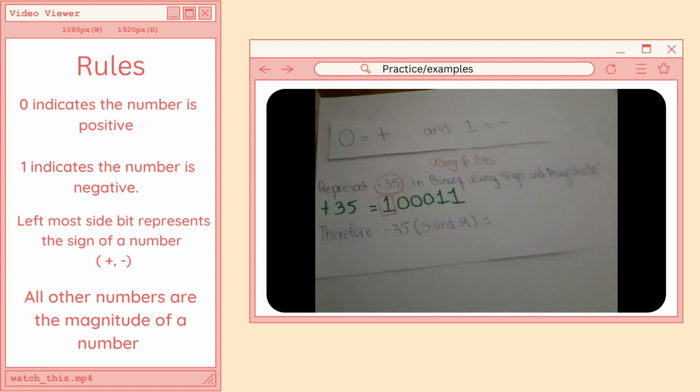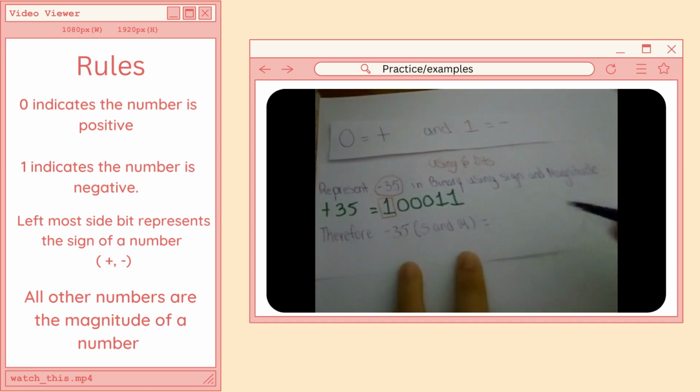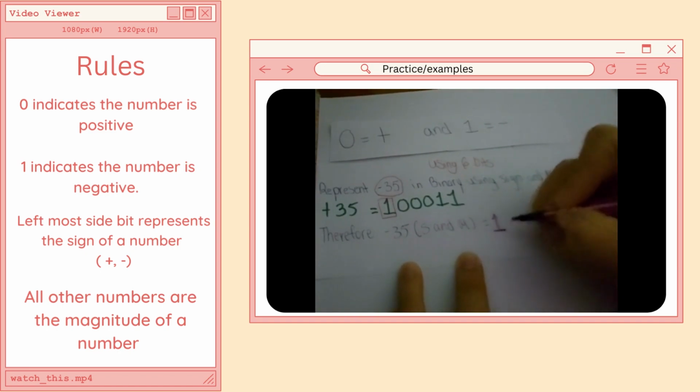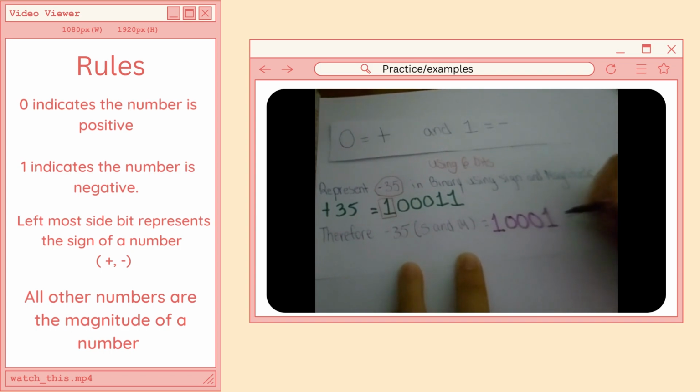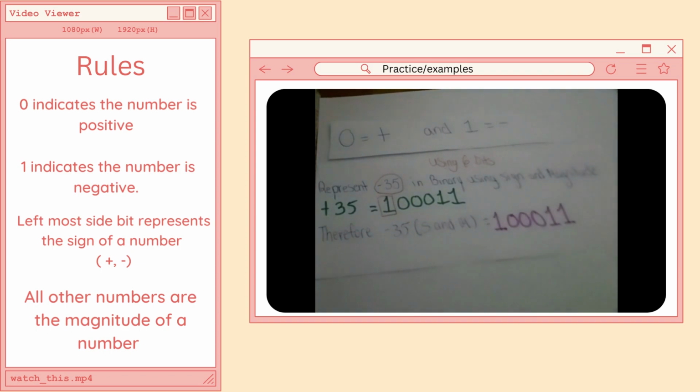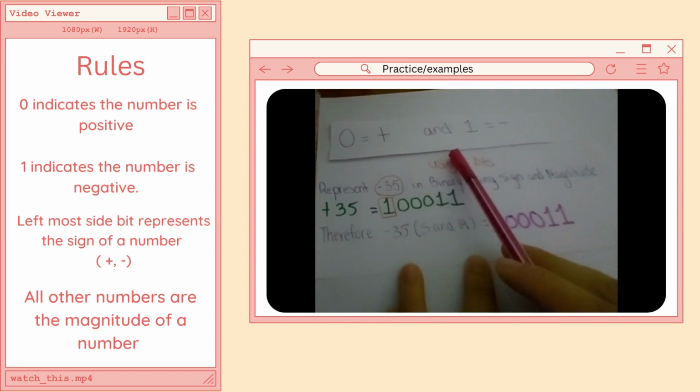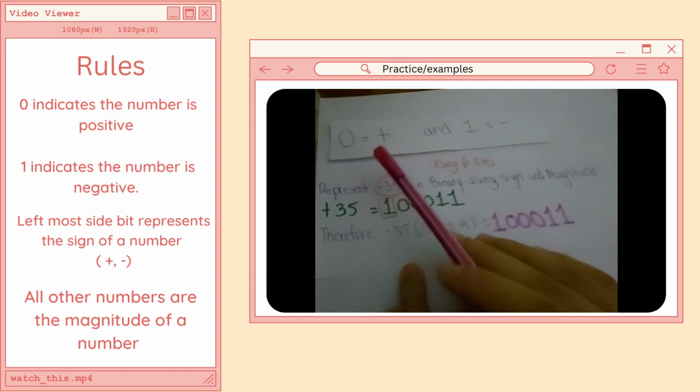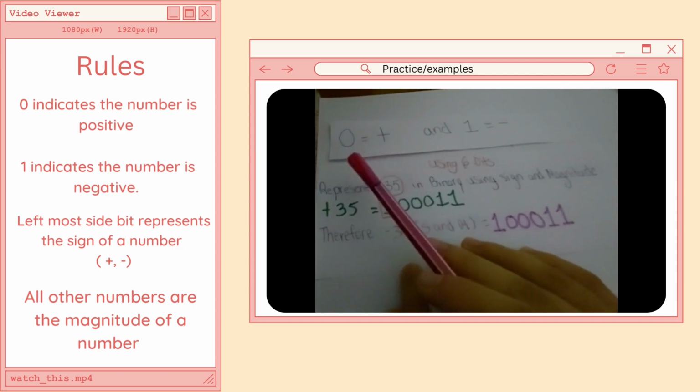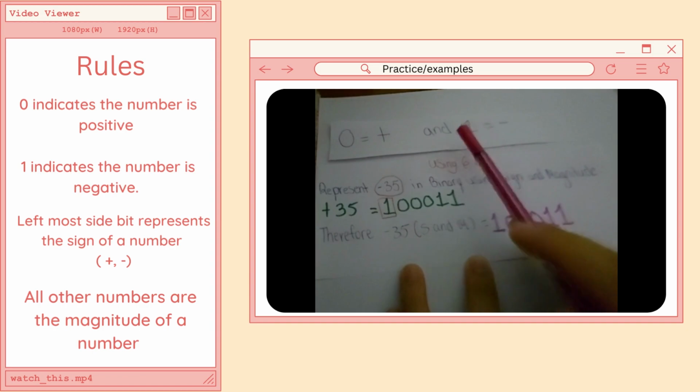So, the sign and magnitude of negative 35 will be 1, 0, 0, 0, 1, 1. Again, it is because of the rules. The rules state that positive is represented by a 0 and negative is represented by a 1.